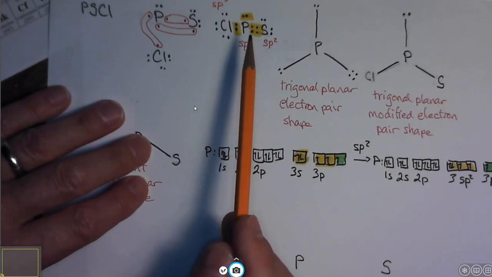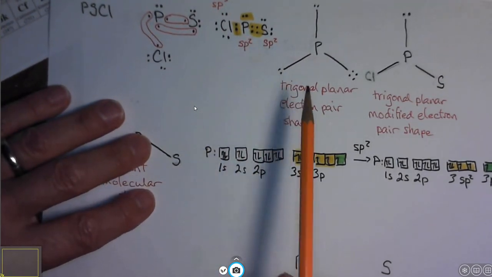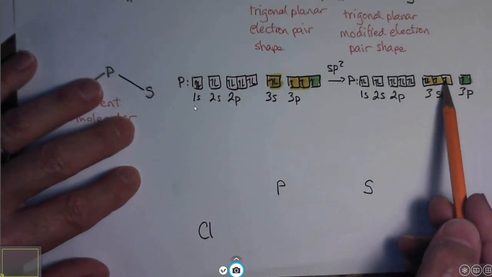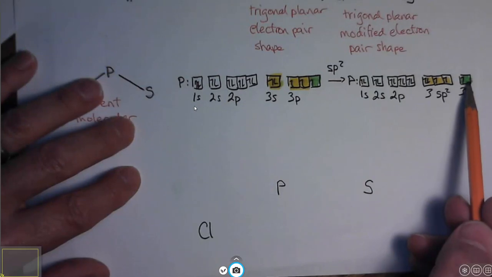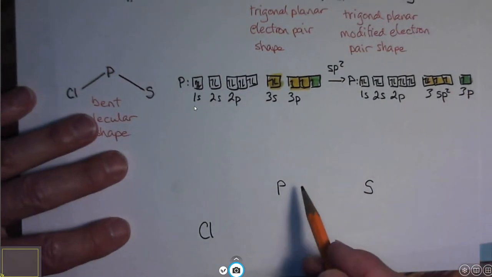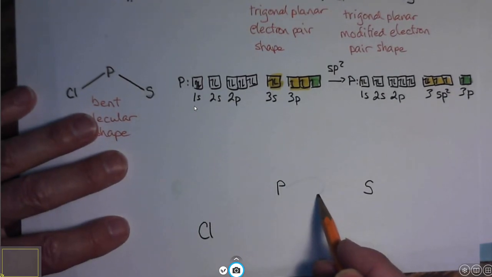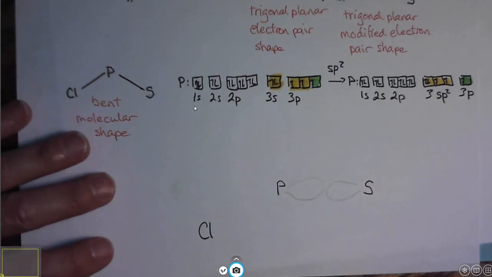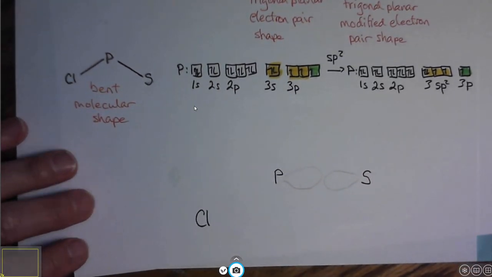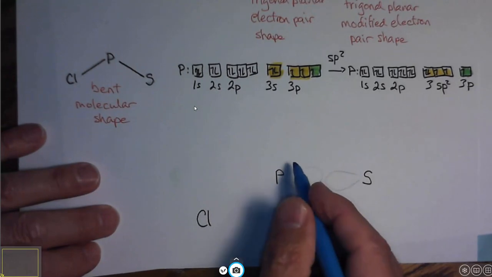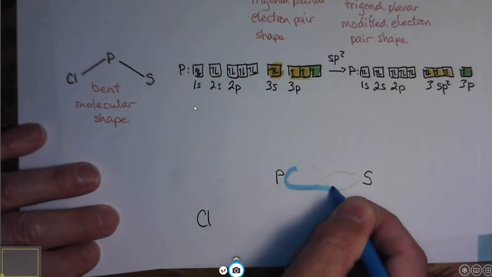The double bond has to have a sigma bond and a pi bond. That's what makes up a double bond. So I've got hybridized orbitals here for a sigma bond, and I've got a pi bond, a p orbital unhybridized, for a pi bond. The hybridized orbitals are single balloon shaped. So the phosphorus and the sulfur have to have some hybridized orbitals pointing toward each other. When they join together, it becomes that long balloon shape or that hot dog wiener shape.